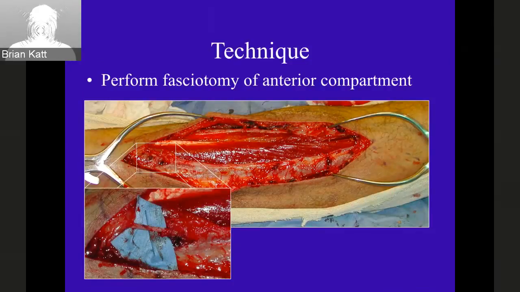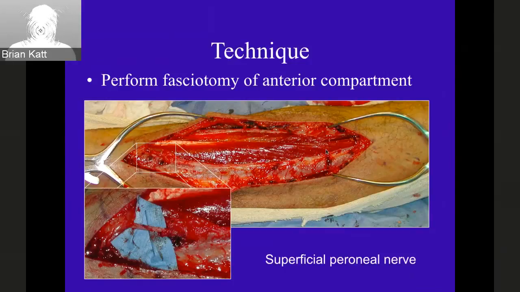You perform the fasciotomy of the anterior compartment, and the danger is right down here, which is your superficial peroneal nerve. Your superficial peroneal nerve runs in your lateral compartment, but about 2/3 of the way down the leg, it becomes subcutaneous and then goes to innervate the dorsolateral aspect of the foot.